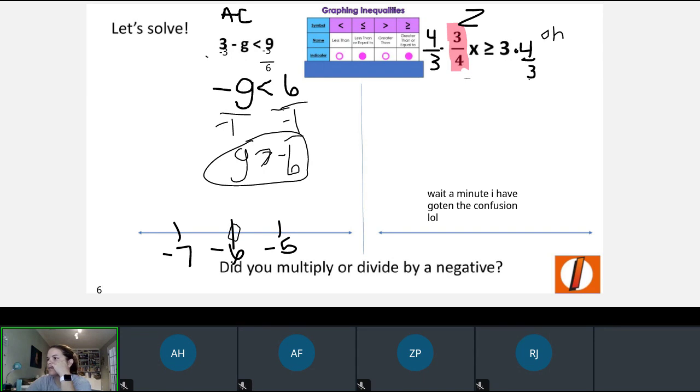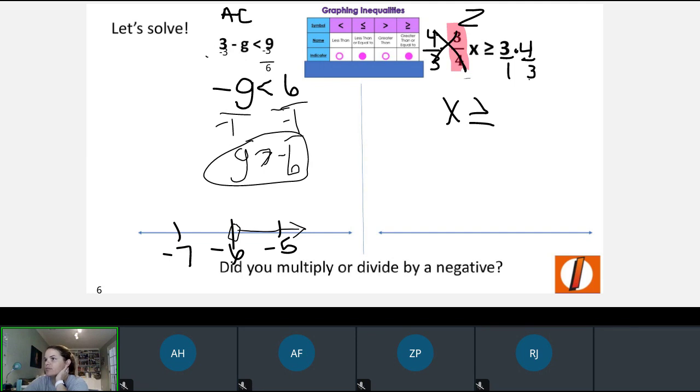Okay, so what we're going to do on this one over here on the right-hand side is when we multiply by the reciprocal, these are going to cancel out. So we're left with x is greater than. Over here, when you multiply fractions, you just multiply straight across the top and straight across the bottom.